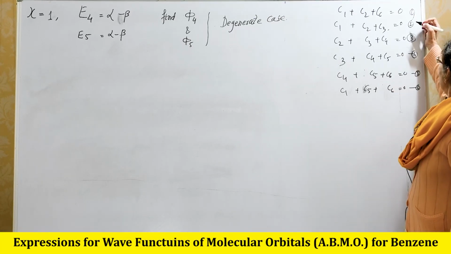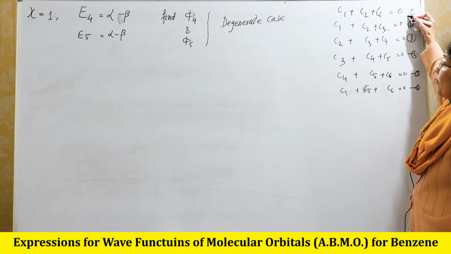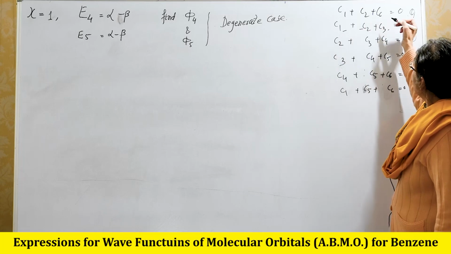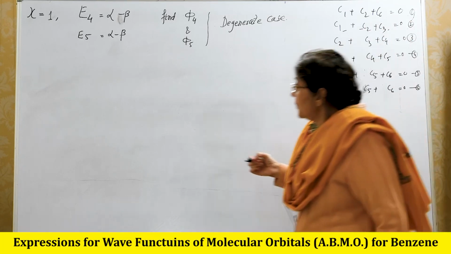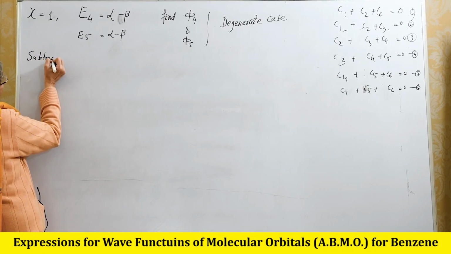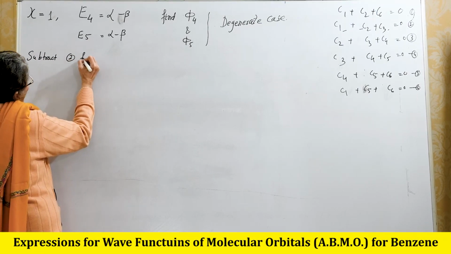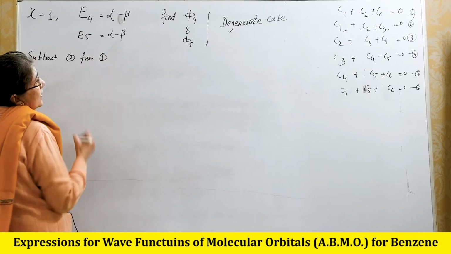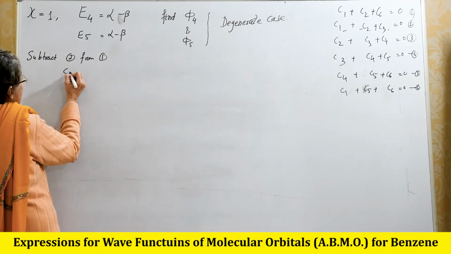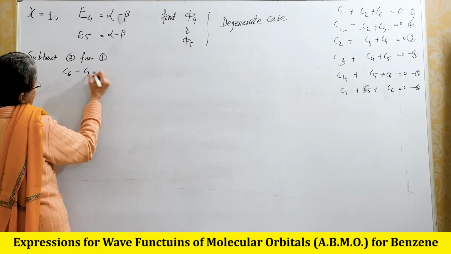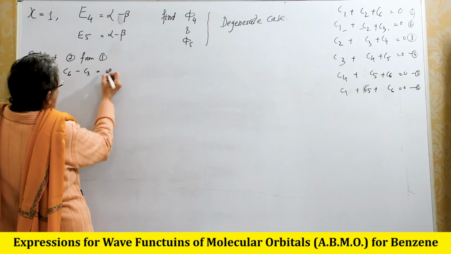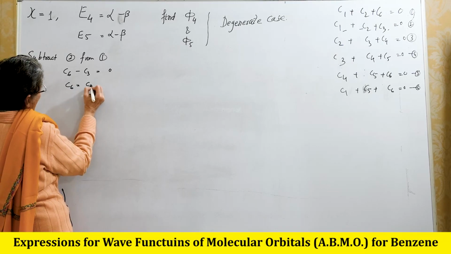So if we subtract 2 from 1, then what we get? We get C6 minus C3 is equal to 0, therefore C6 is equal to C3.